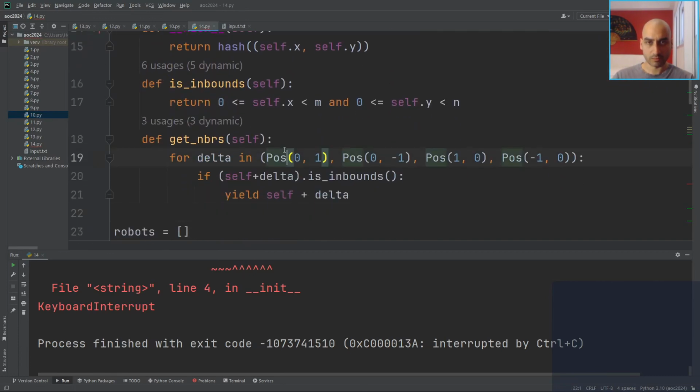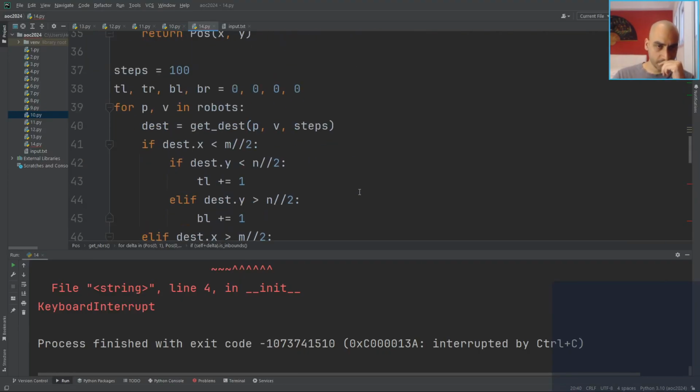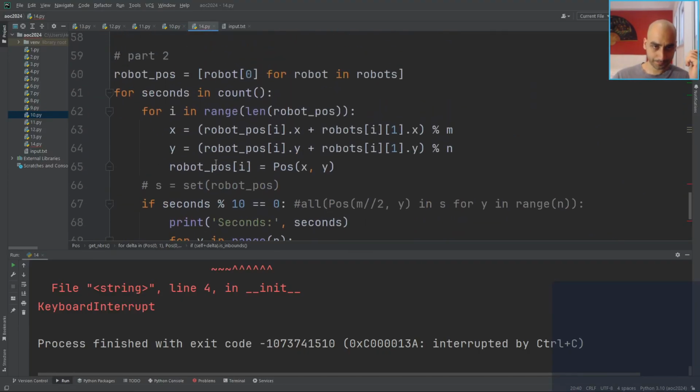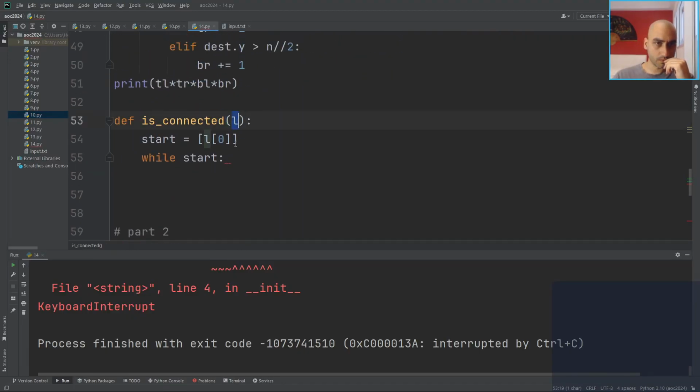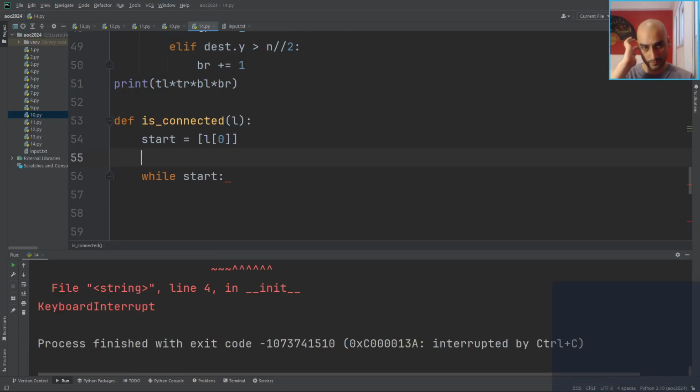So we've got neighbors. Okay. Just say S equals set of L. So we've got a start, we've got the set, and we want to say while start, and we want visited equals another set.